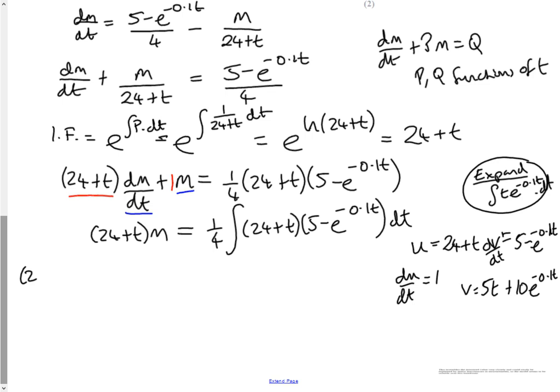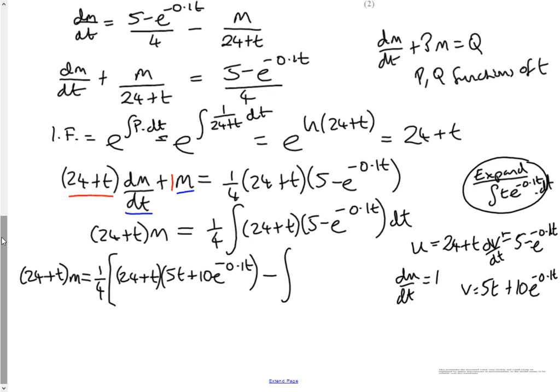Okay. Right, and remembering everything's going to be times a quarter. So uv minus the integral of v du.